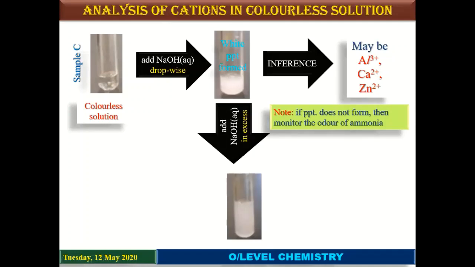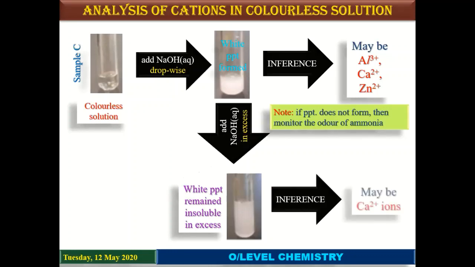If these white precipitates are insoluble in sodium hydroxide, it shows the presence of calcium ion. So the white precipitate remains insoluble in excess, which means calcium ions may be there. Why maybe? Because there might be some impurities.